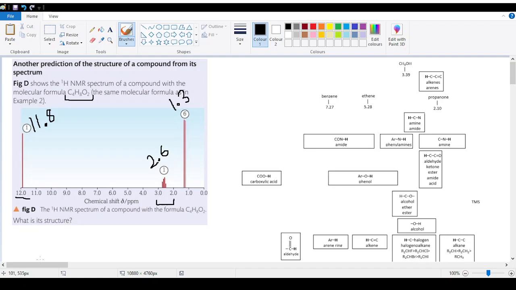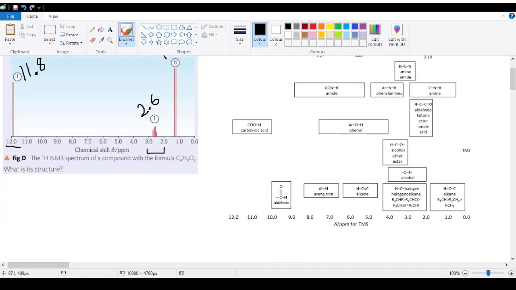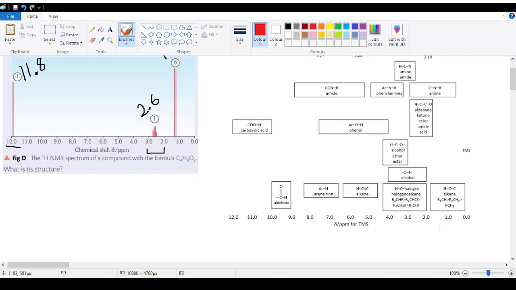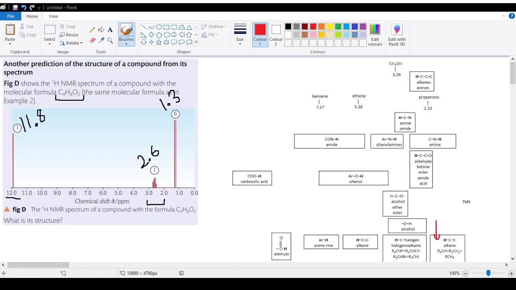Now, let's look at the values and try to figure out which one it could possibly be. So 1.3 is like here, right? Only this box is available, which means this must be an alkane group. Now, what is the relative height of this? 6, right?